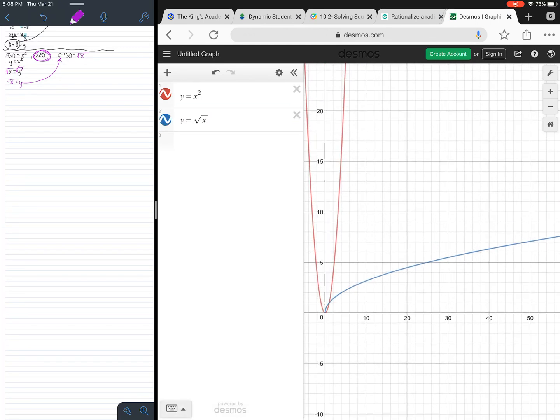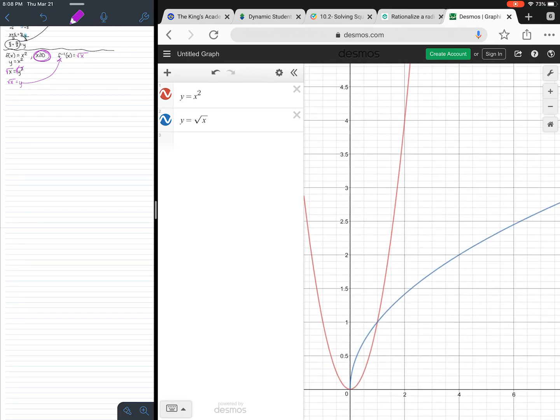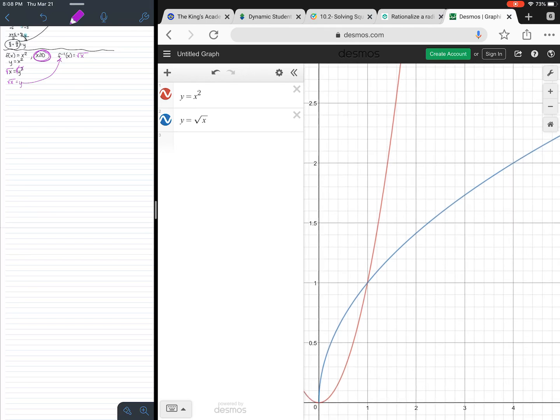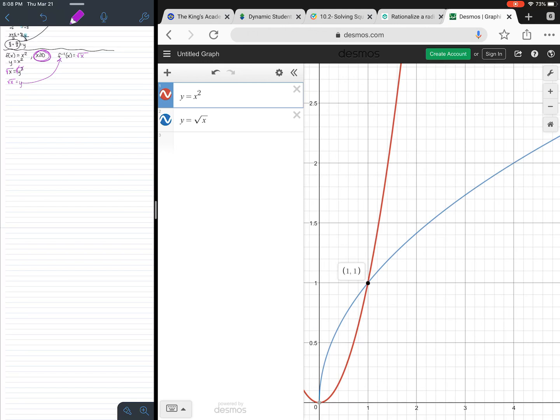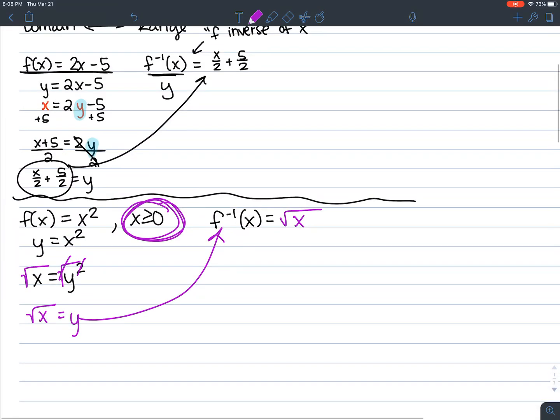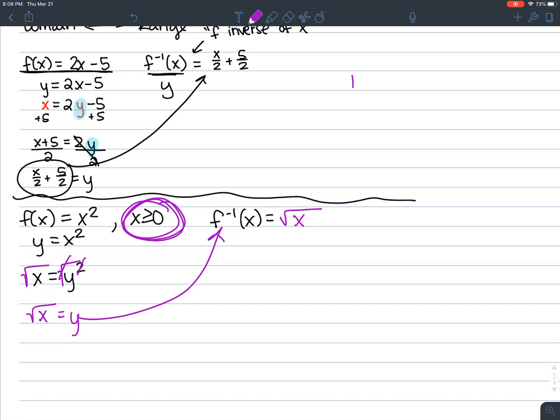Okay, so let's zoom in on just the right side. And you can see, again, these graphs, they are reflections of each other, and there's a line going down right in the middle. And they happen to cross at 0, 0, and it looks like they also cross again at 1, 1.